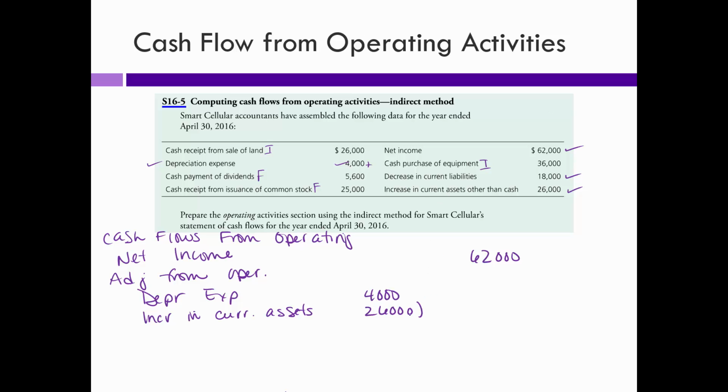So if that's an increase, let's say it's merchandise inventory, that means cash went out as I bought that. And then I have a decrease in current liabilities. And again, liabilities work in the same direction, so that is a negative 18,000. Put all those together and I've got negative, what is that, 40,000?